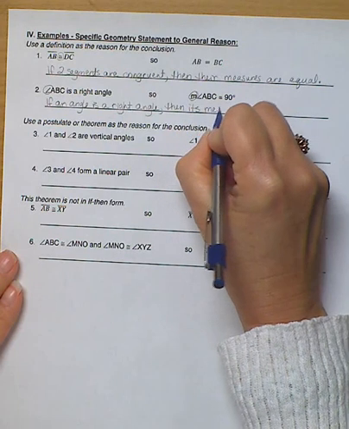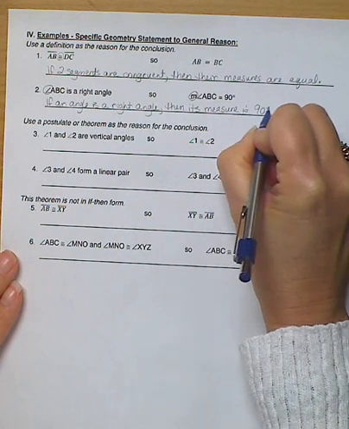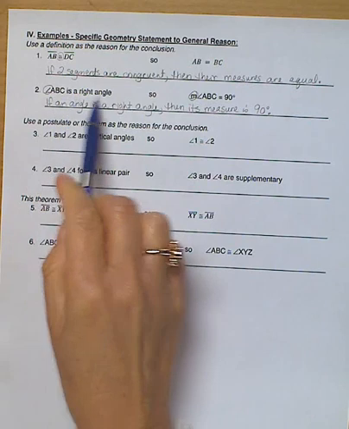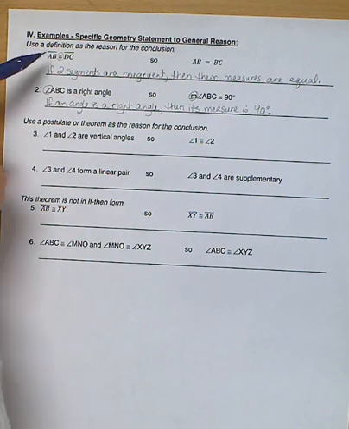If one angle is a right angle, then its measure is 90 degrees. And oh look, we just wrote the definition of a right angle. Okay, so remember how I told you they were definitions, so you could have looked them up in your notes, but if you use the trick, you don't have to do that.